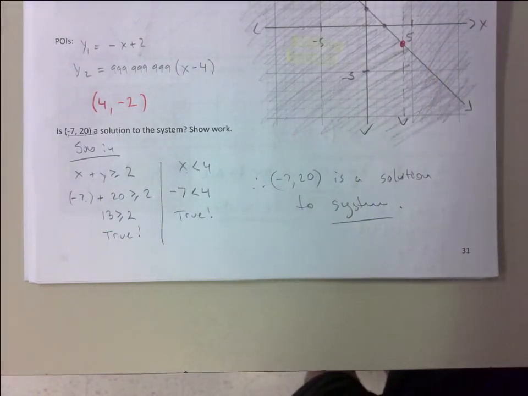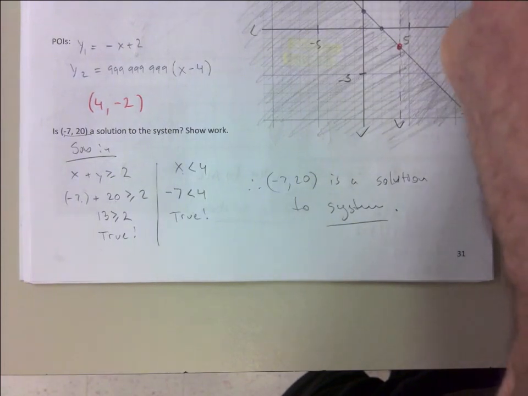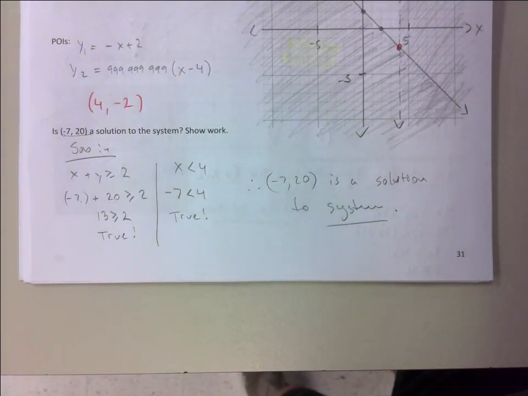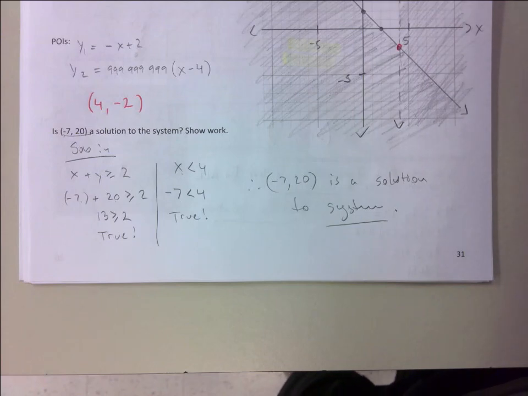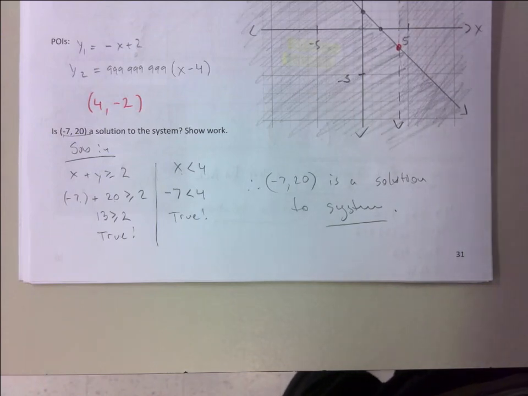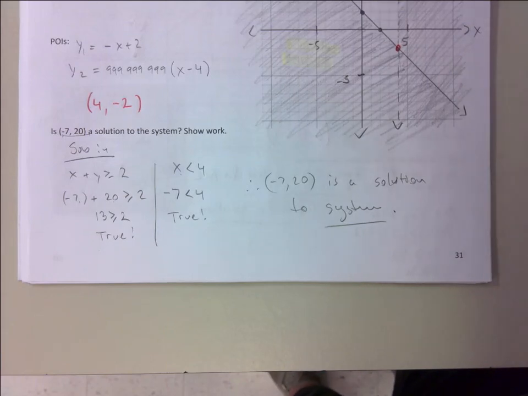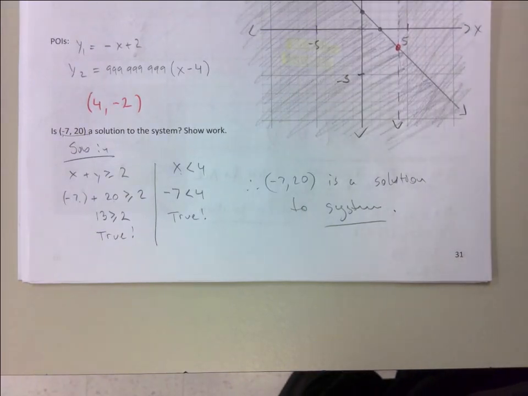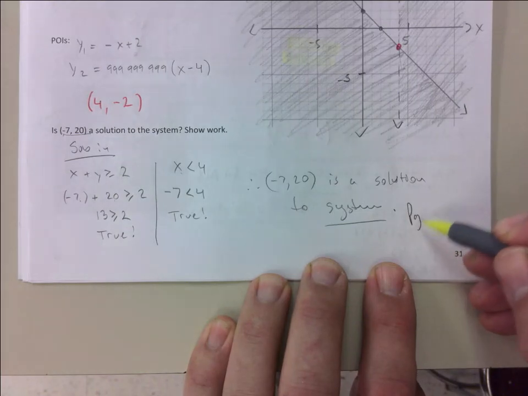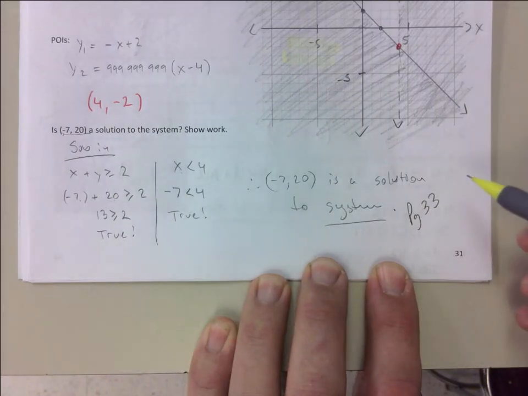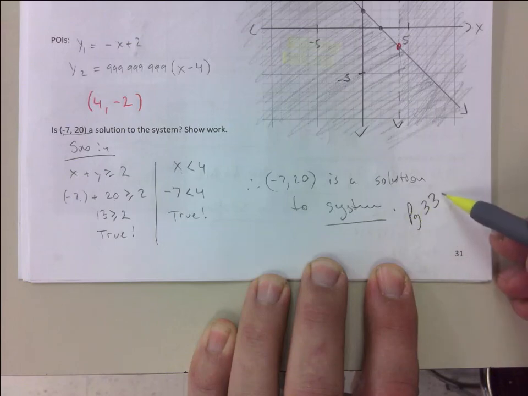All right, I'm going to ask you to go to 33. And once you're done with 33, I'm going to say 36, 37. Okay, just listen up carefully here. Page 33, only 2 inequalities.